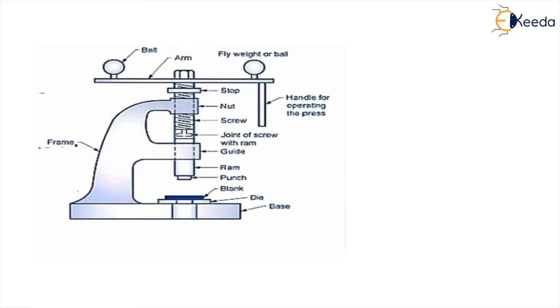The connecting arrangement between the screw and the ram is such that when the screw is rotated, the ram only slides up and down within this guide. As we know, the punch and the die constitute the press tool, the punch being the upper member which is fixed to the lower end of the ram, and the die is the lower member of this press.